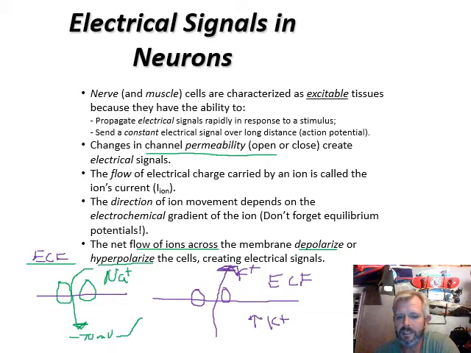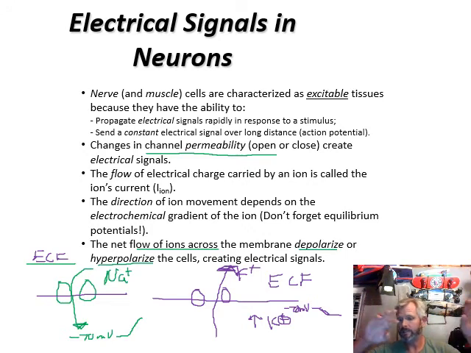What's potassium taking with it? It's positive charge. If I was measuring membrane potential, it's at negative 70 millivolts at rest. Now I open up these gated potassium channels. What would happen? More positive is leaving, and therefore my membrane potential would hyperpolarize, go in a more negative direction.